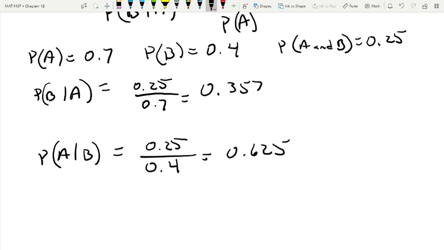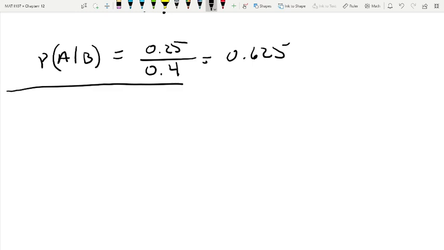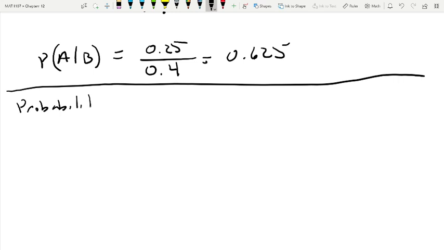And then lastly, we get to probability of successive events. So given this, let's say we have a box.